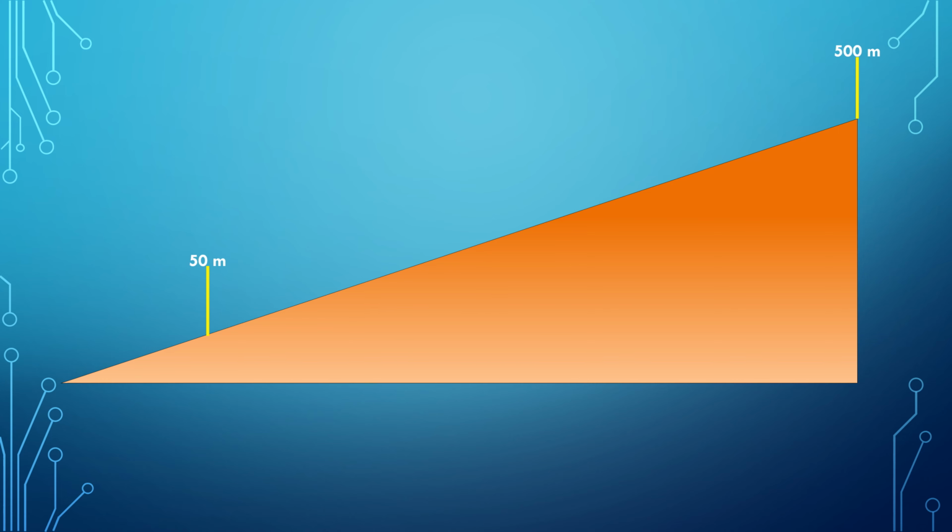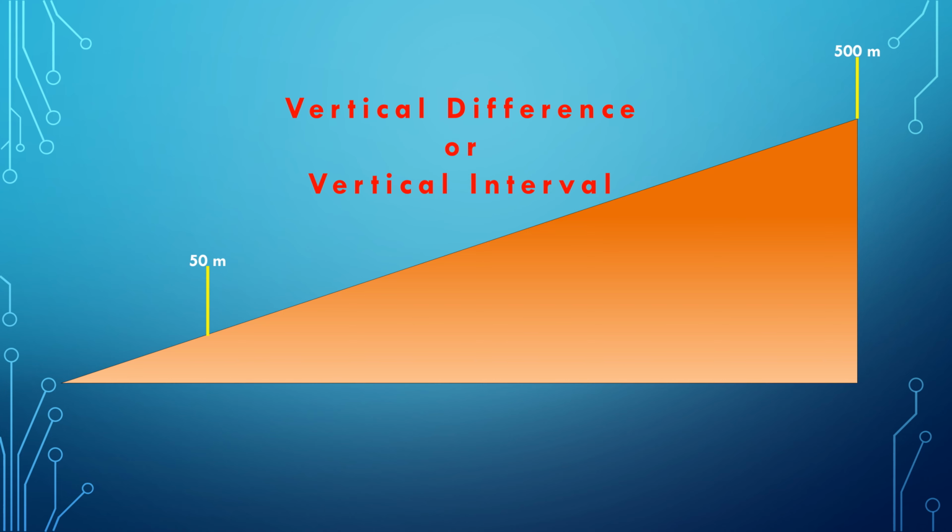Now, we have to calculate the difference in height. When we subtract our 50 meters from our 500 meters, we get 450 meters. This 450 meters, which is the difference in height between the 2 points along the slope, is what we call the vertical difference or vertical interval.